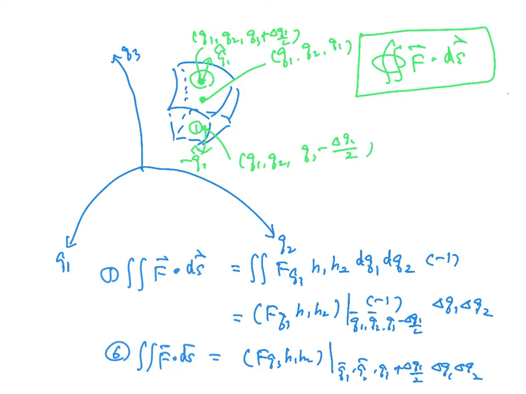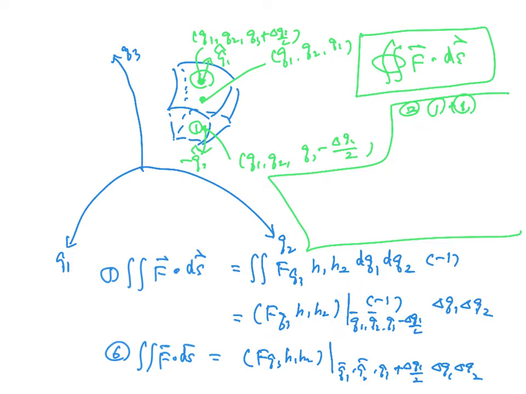So since we have some space here, I'll put here 1 plus 6. You can put right this way. Partial Q3, partial F Q3, H1, H2, delta Q1, delta Q2, delta Q3, right?